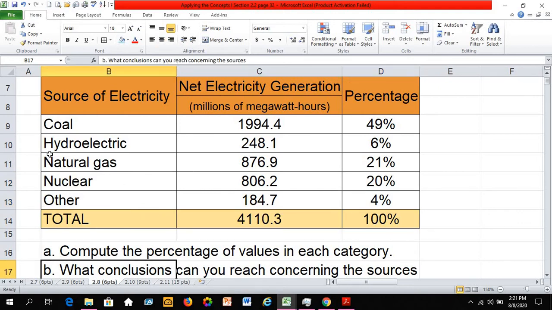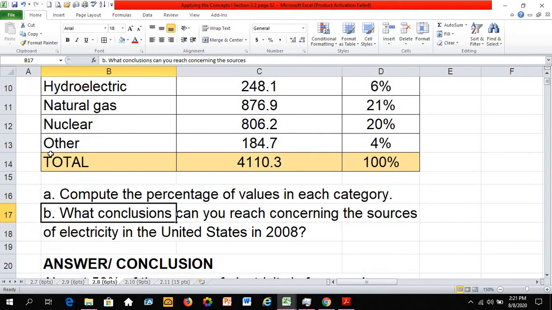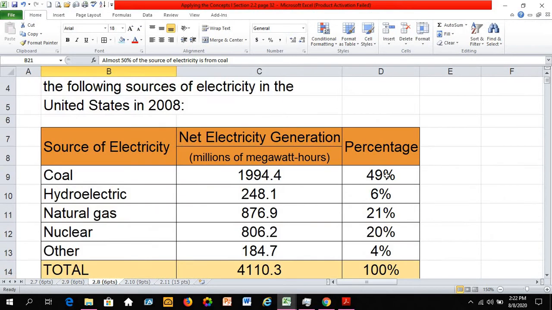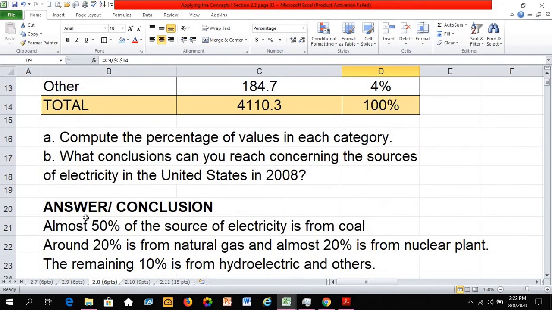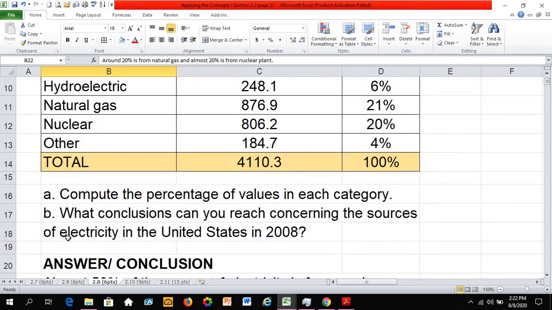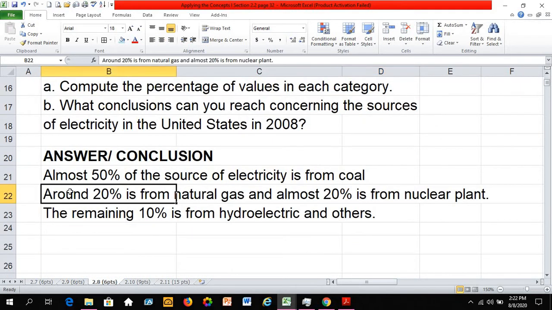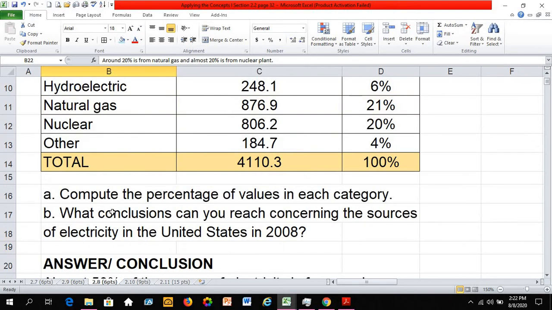So letter B, what conclusions can you reach concerning the sources of electricity in the United States? So the conclusion: almost 50% of the source of electricity is from coal. So I rounded up 49 to 50. That's almost 50%. Around 20% is from natural gas, and almost 20% is from nuclear plants.